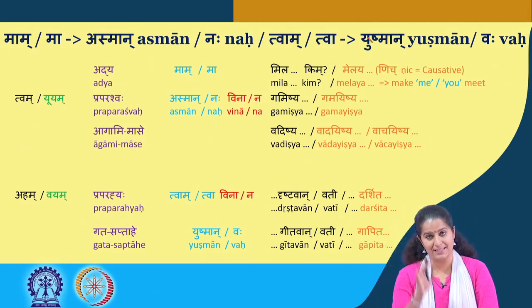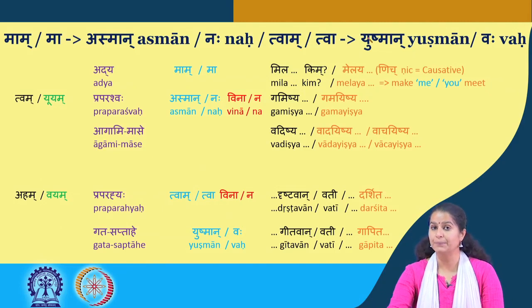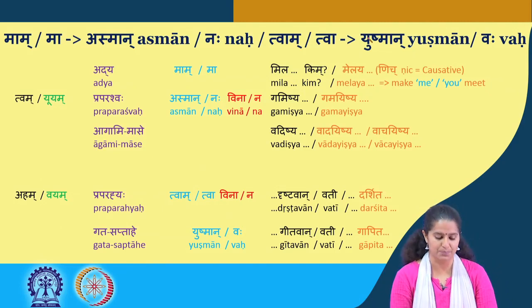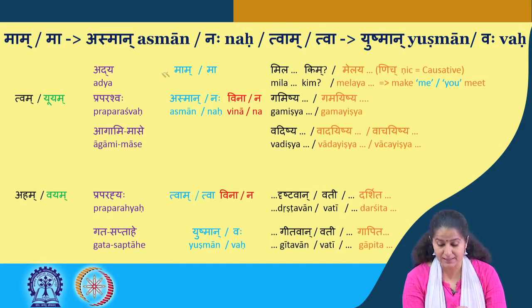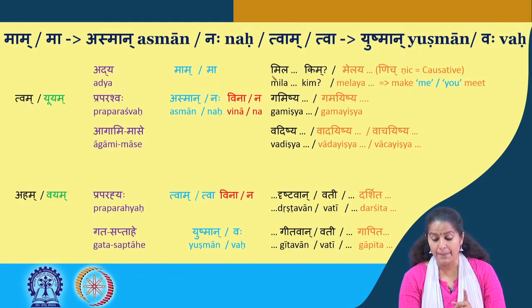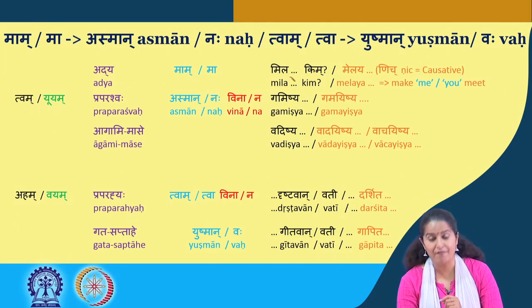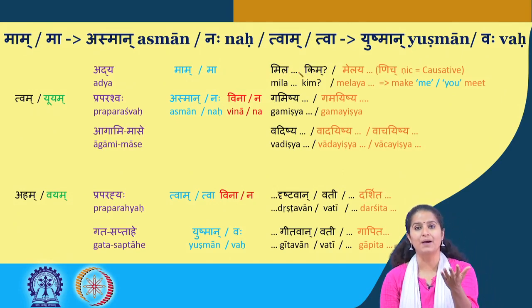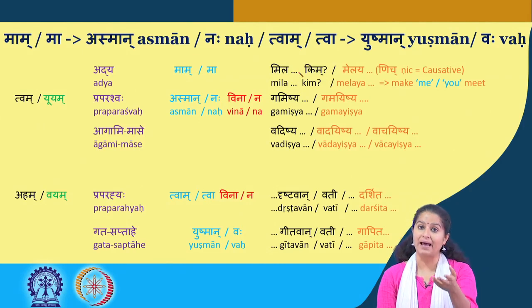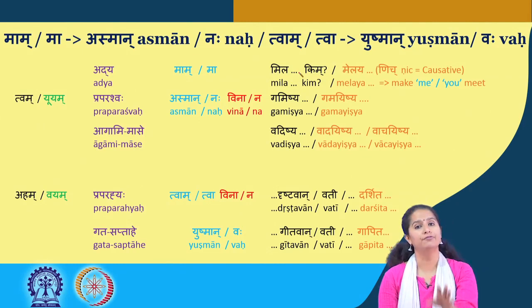Again, a whole lot of varieties. So I will take you through a simple one and then allow you to practice it by yourselves. So tvam adya mam milasi kim. When I put these, it means that you have sufficient knowledge by now to start applying the conjugations for the different verbs.